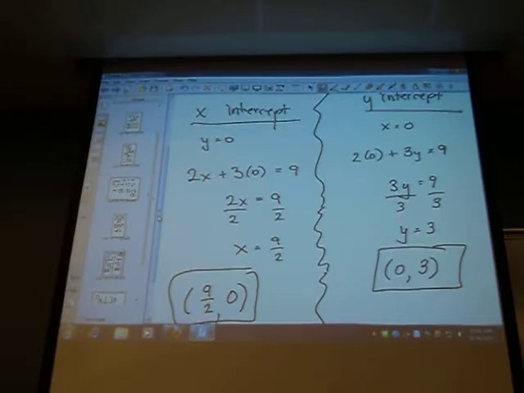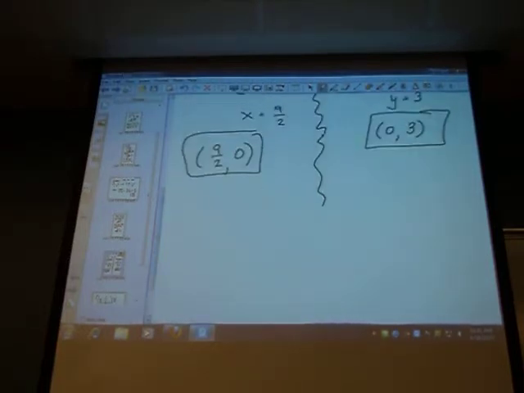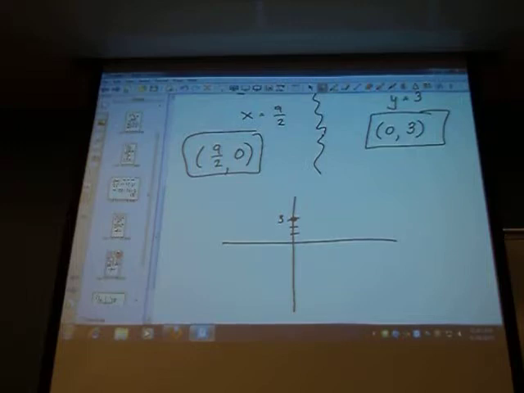Now, if I want to graph this line, once I know the intercepts, graphing the line is really easy, because I can just graph these two points. So x is 0, y is 3. The y-intercept would be 3. And the x-intercept is 9 over 2, which is 4.5, right?